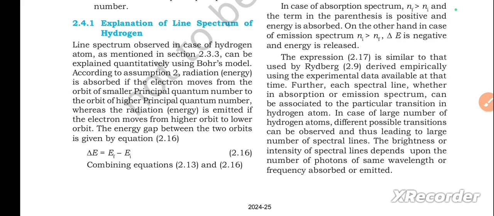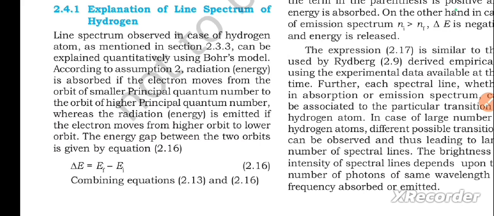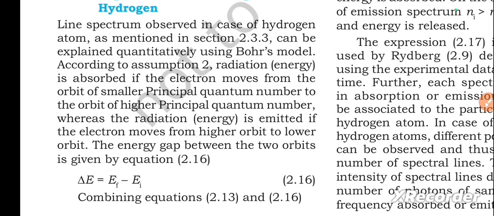Explanation of line spectrum of hydrogen. Line spectrum observed in case of hydrogen atom, as mentioned in section 2.3.3, can be explained quantitatively using Bohr's model. According to assumption 2, radiation or energy is absorbed if the electron moves from the orbit of smaller principal quantum number to the orbit of higher principal quantum number, whereas the radiation is emitted if the electron moves from higher orbit to lower orbit.